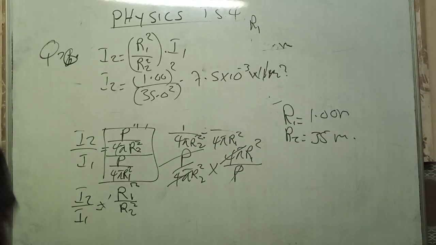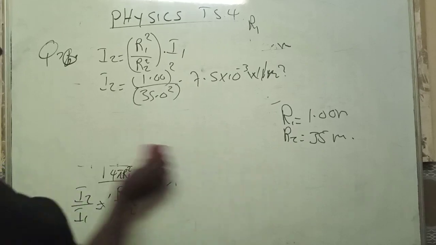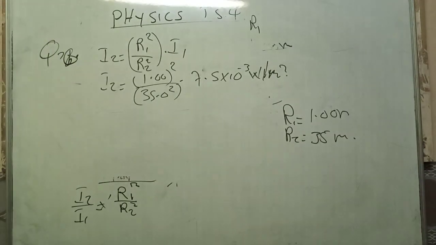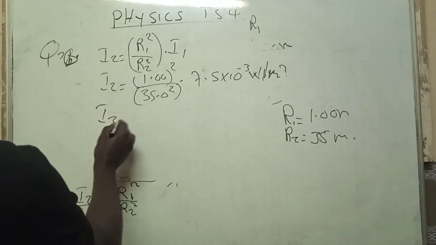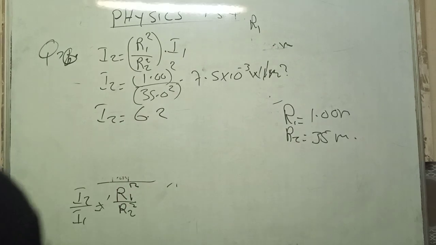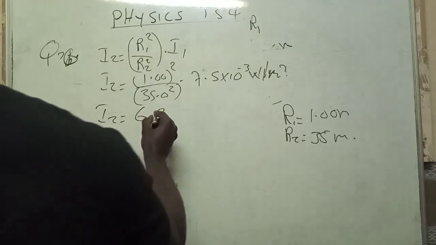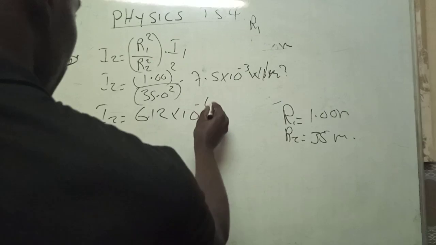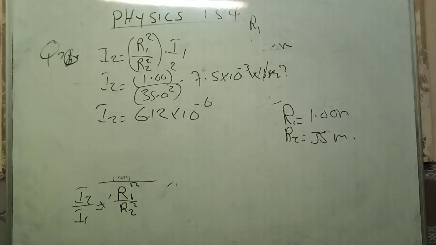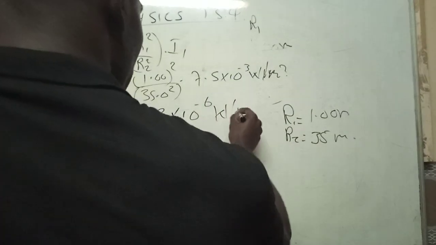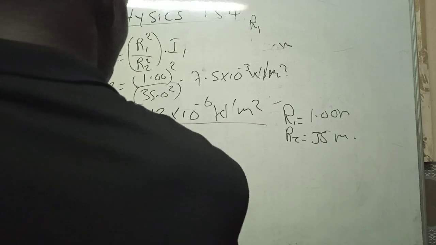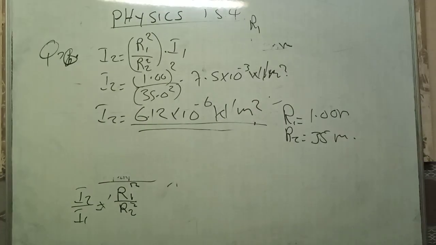If you do your math there, you should be able to get our intensity 2 as 6.12 times 10 to the power -6 watts per meter squared. That is the answer for B.